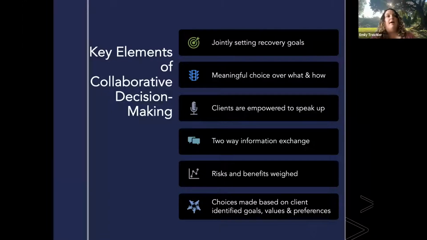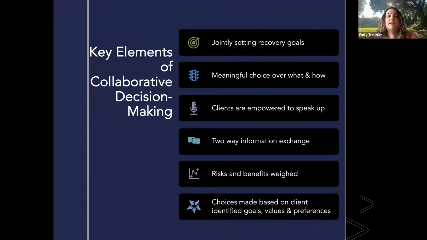They may not feel comfortable telling us what they think, and they may not say anything at all, or they may disagree with us. And so we really have to work on providing that space and that empowerment to help clients speak up during decision-making processes and broadly across the treatment interactions.